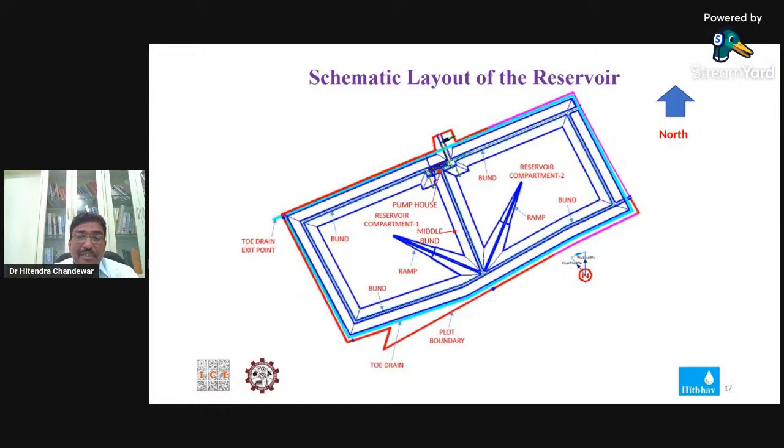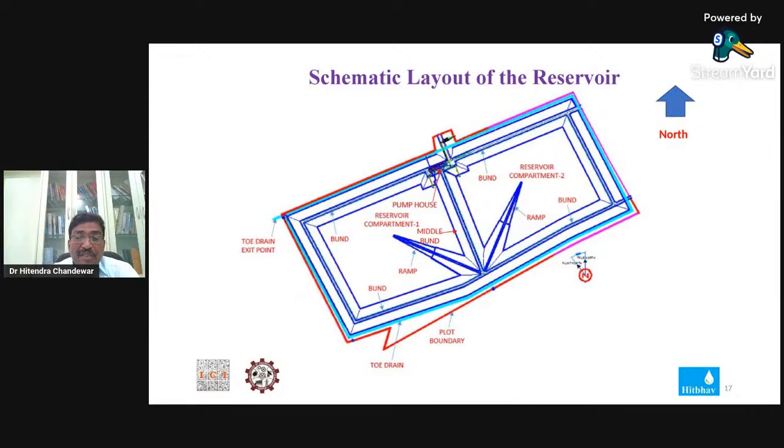Actually, this reservoir is designed as a pond. The length of this pond was about 1200 meters, 1.2 kilometers, and the width is about 0.6 kilometer, 600 meters. The whole reservoir was divided into two compartments, compartment one and compartment two.